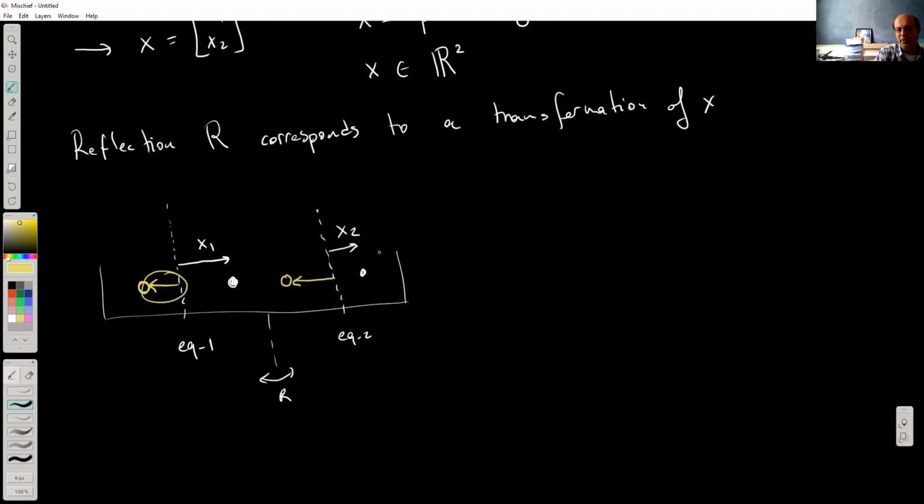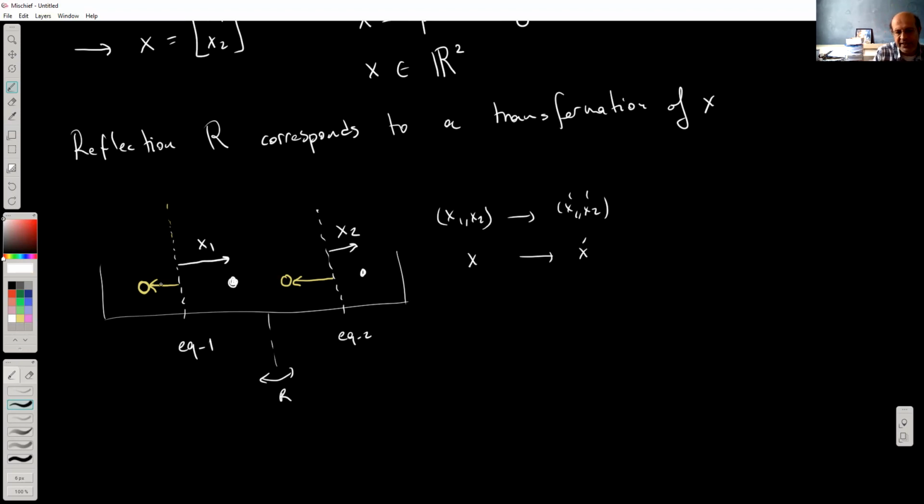So this arrow and that arrow have the same length, right? I think you understand what I mean, okay? So this corresponds to a transformation from x1, x2 to x1 prime, x2 prime, okay? So it's a transformation from x to some new coordinates, x prime. So these are basically the transformed coordinates. How do we express this?